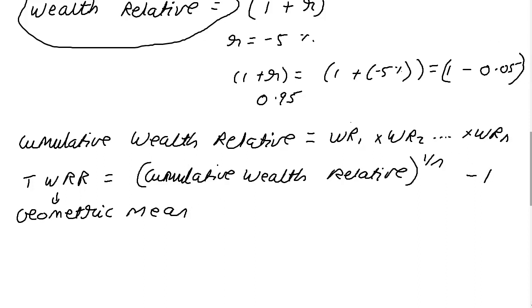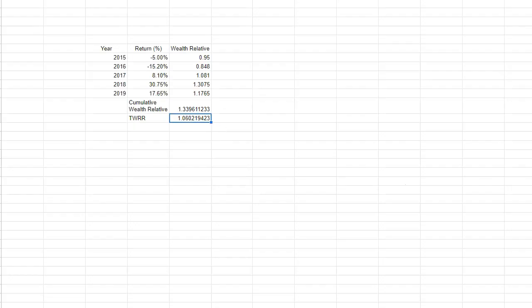Okay, so if I was to subtract 1 from what we just got, we are going to end up with 0.06021, and let's multiply this by 100, okay, up to 2 decimal places, and we end up with this number.